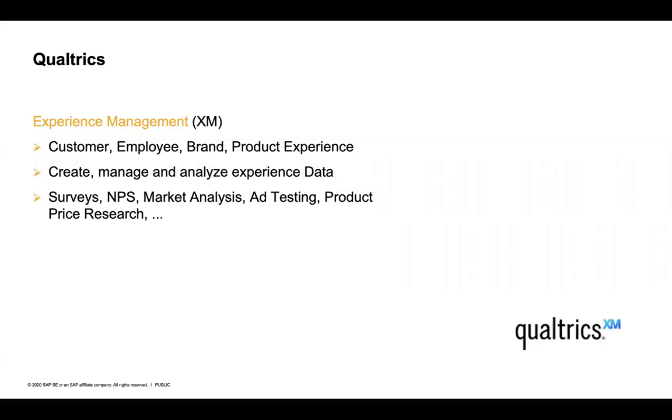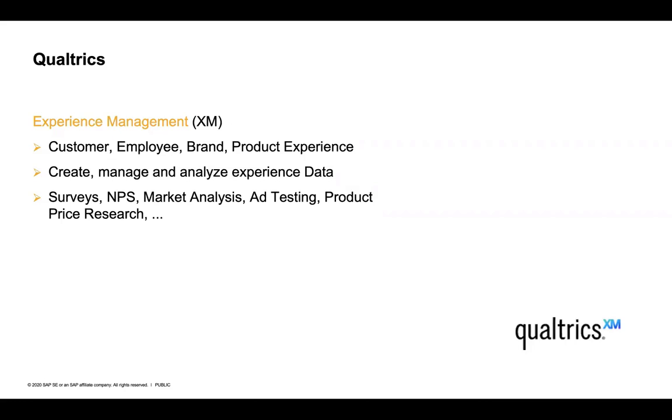It's an experience management tool that allows for all sorts of what is called experience data to be collected, analyzed, evaluated. And first and foremost, this of course incorporates information about how your customers like your product. You can create surveys, you can measure NPS scores, but also do stuff like market analysis and so on and so forth. So it's quite a lot that can be done there.